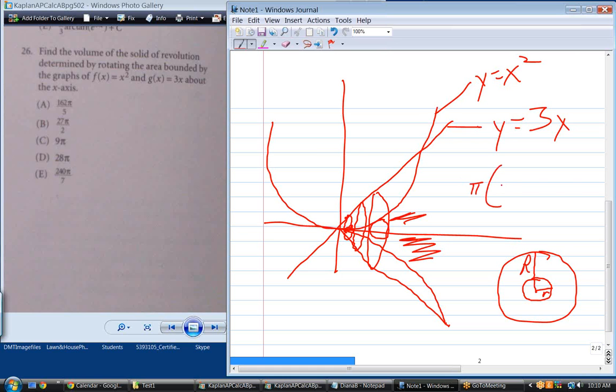Yeah, and I can factor the pi out, so you end up with this. And that's the formula for washers. So I'm going to integrate, and I'm going to take the pi outside. That's just kind of standard operating procedure. Capital R squared minus little r squared dx.